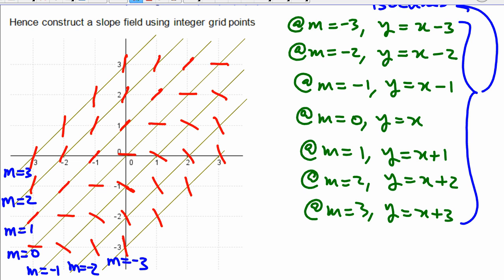Now, remember, for example, when a curve crosses this line, let me use this example here, this one here. I think this is important.